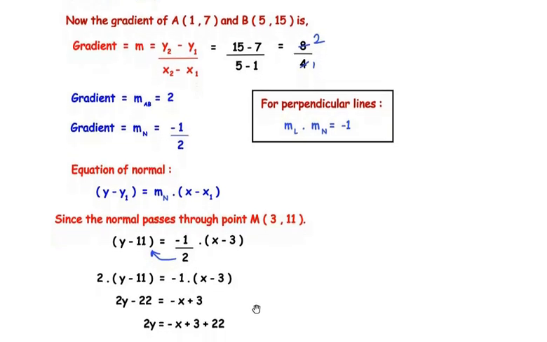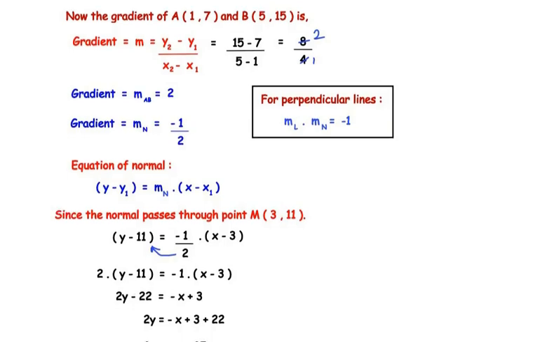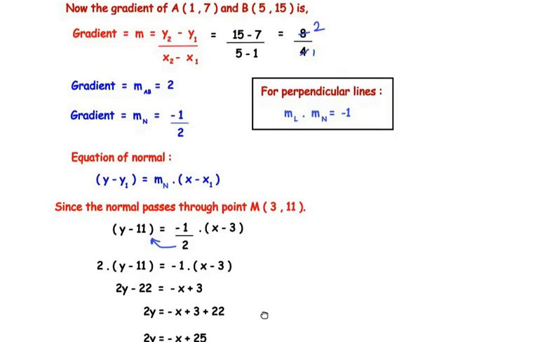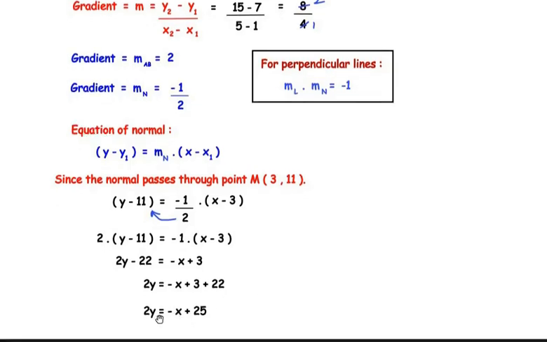Now in the next step, we have taken this negative 22 on the other side of the equal to sign. So we get 2y is equal to negative x plus 3. Now negative 22 becomes positive 22. So here we get 2y is equal to negative x, now plus 3 and plus 22 gives us plus 25.